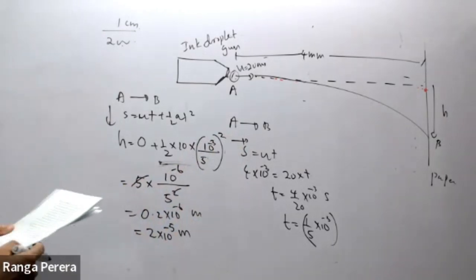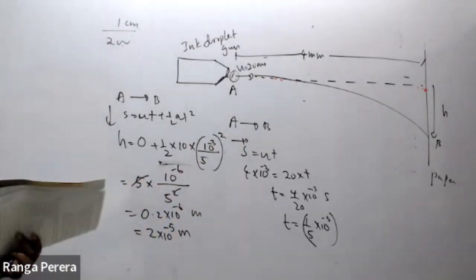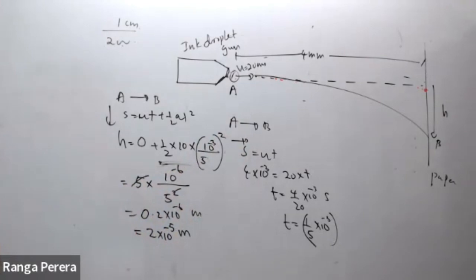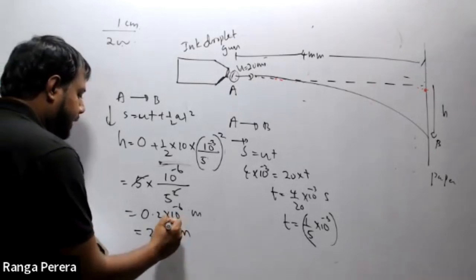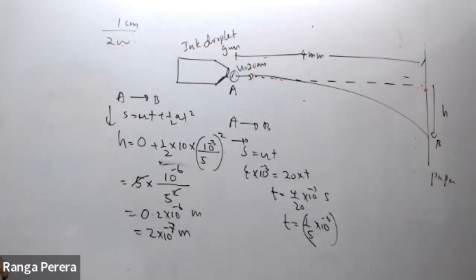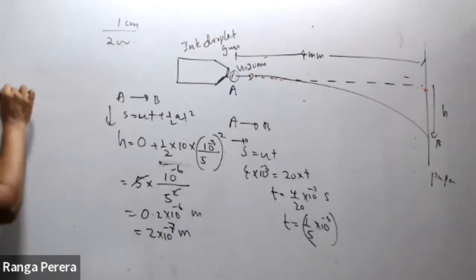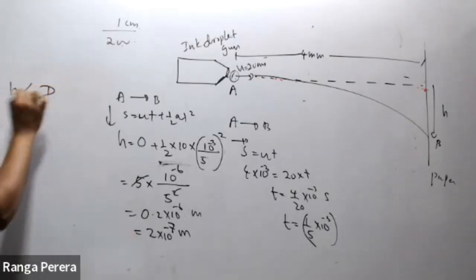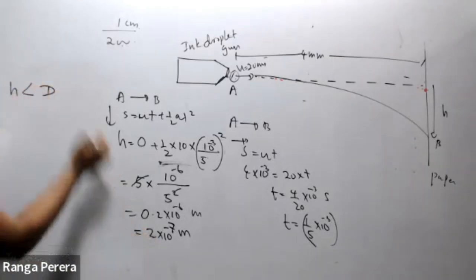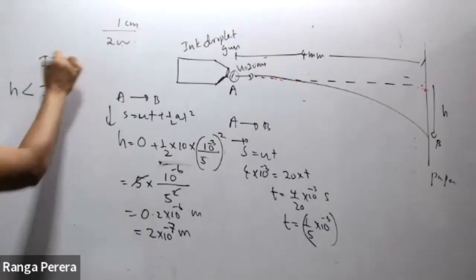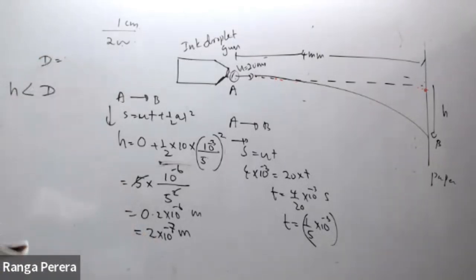What was the diameter we obtained? Diameter 4 times 10 to the power minus 5 meter. H is 2 times 10 to the power minus 7. So you can say that H is less than D, because D equals what was the value you calculated earlier?